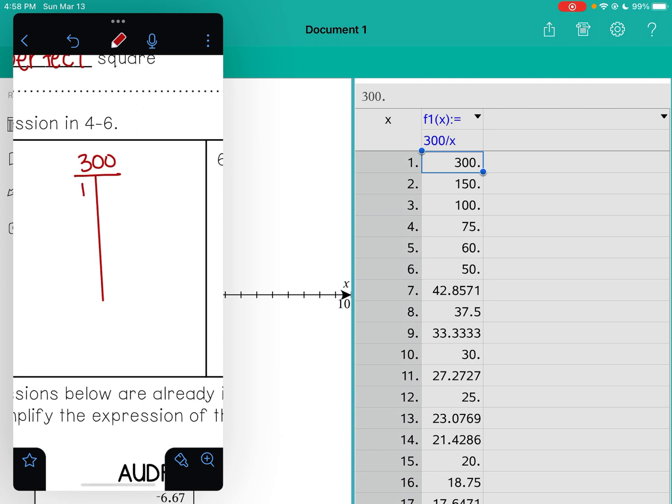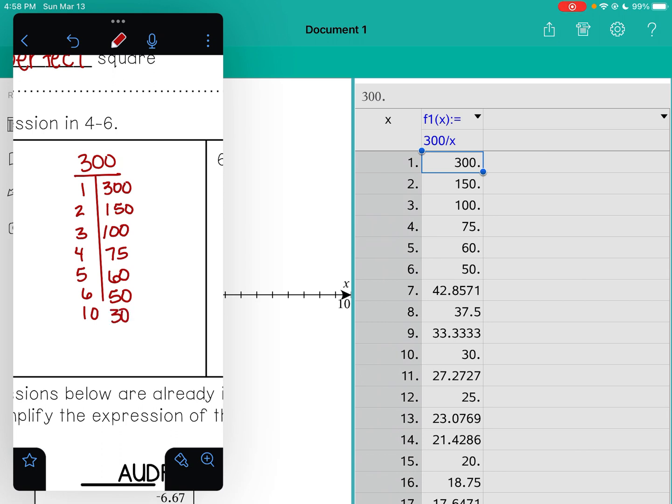We have 1 times 300, 2 times 150, 3 times 100, 4 times 75, 5 and 60, 6 and 50, and we have 10 and 30.